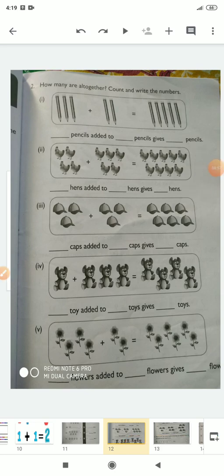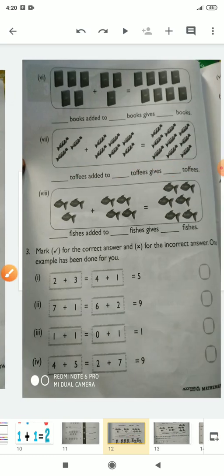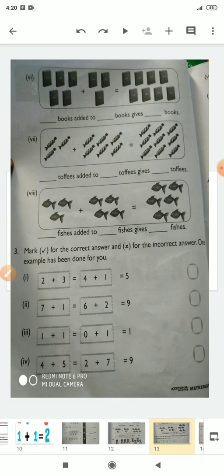In the next question, this blank goes here, this blank goes here, and this blank goes here. So you have to count caps one by one and write down the exact number in the given blanks. Okay, so here we have done. Now same here, these all questions go to question number 2. Now question number 3.